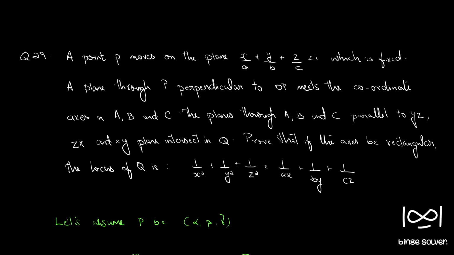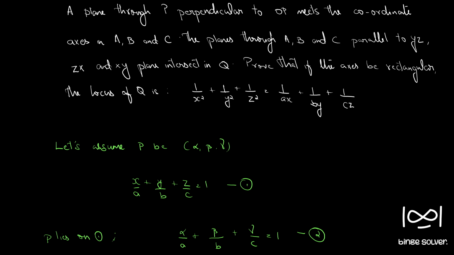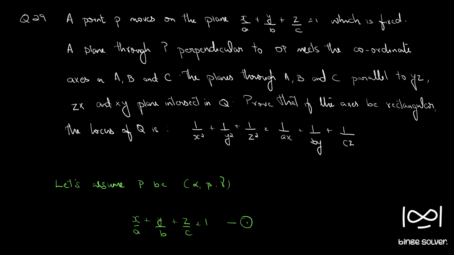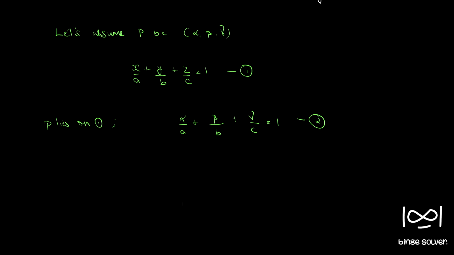Now a plane through P perpendicular to OP. So if you know, the direction ratios of line OP will be 0 minus alpha, 0 minus beta, 0 minus gamma.